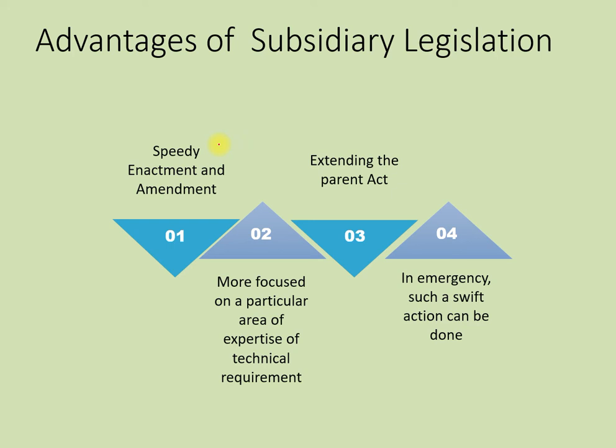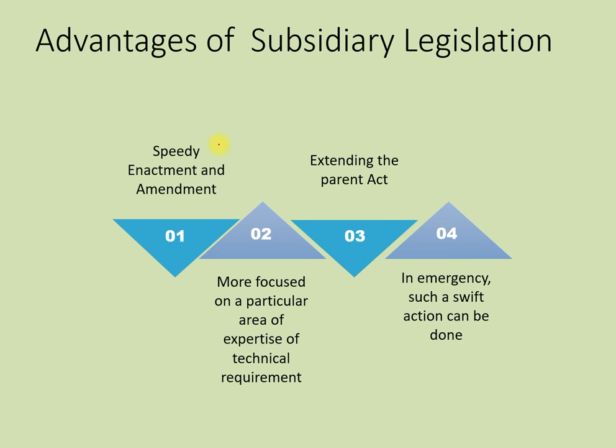The Parent Act states the general law on that subject matter, but the regulation will explain in detail. Number four, extending the Parent Act, the subsidiary legislation explains more rules.